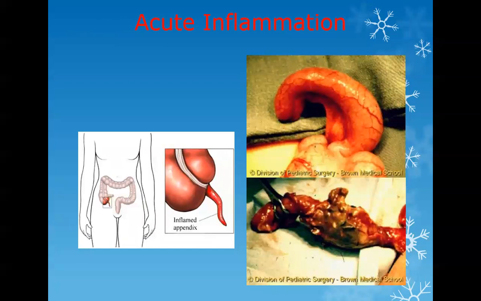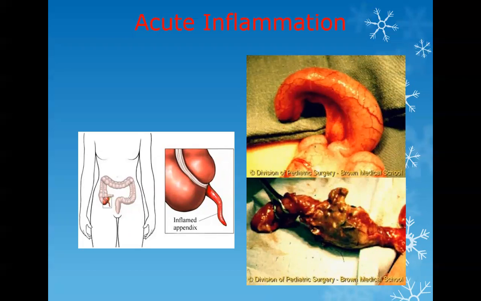Now, this is a classical example of inflammation, acute appendicitis, and it is a medical emergency. If you have a patient with acute appendicitis, you have to shift that patient to the operation theatre to take that appendix out. Otherwise, what will happen? It will burst, it will rupture, and again, it is a medical emergency and catastrophe.